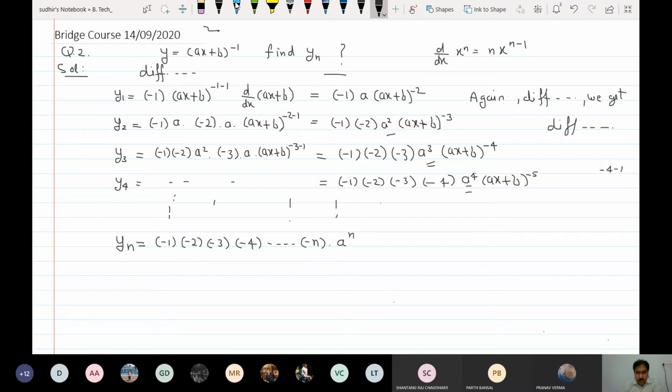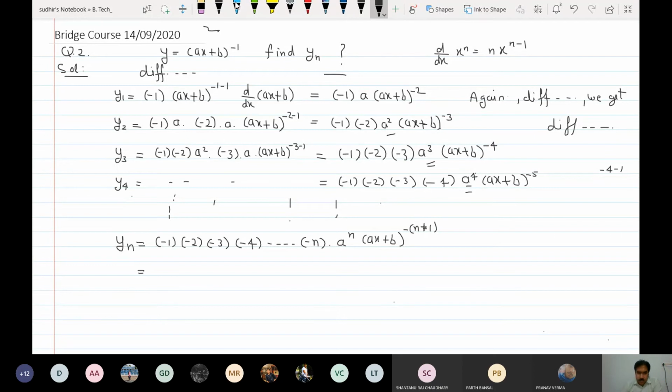So we can write this minus 5 as minus 4 minus 1. So we can write it as (ax plus b) raised to the power minus, we can take common. It is always greater than this number by 1. So it is n plus 1. So now we can write it in compact form also. Now what is compact form? We can take minus common.